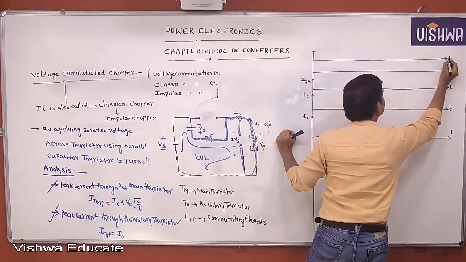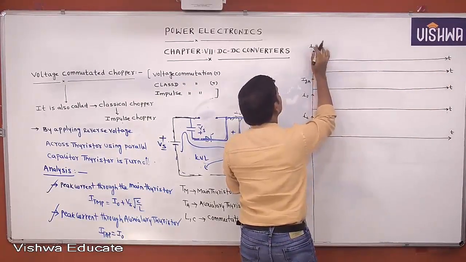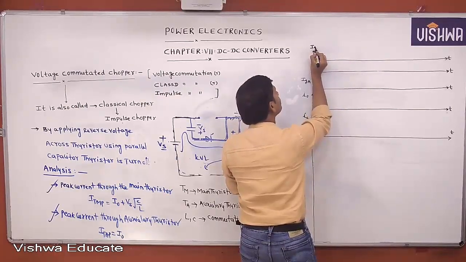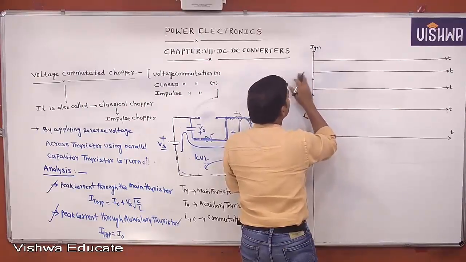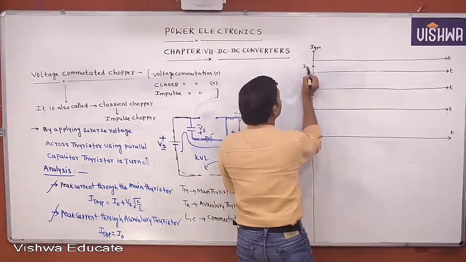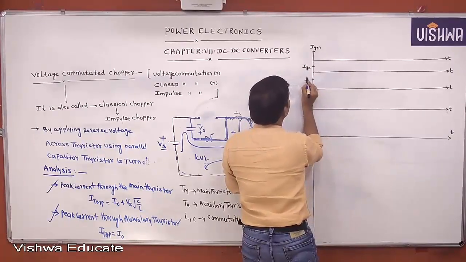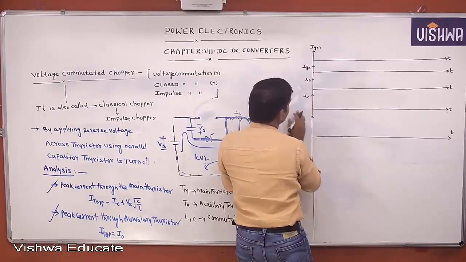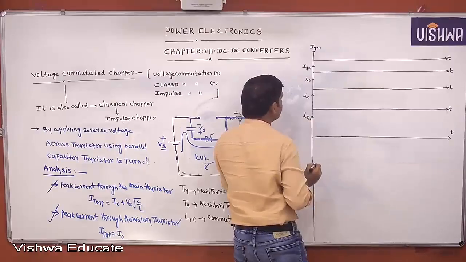This is t. This is the main thyristor triggering pulse. This is the auxiliary thyristor triggering pulse. This is I0. This is IC. This is ITM.